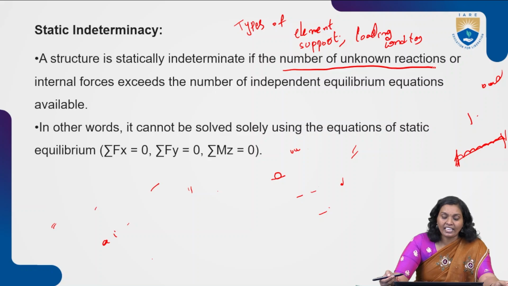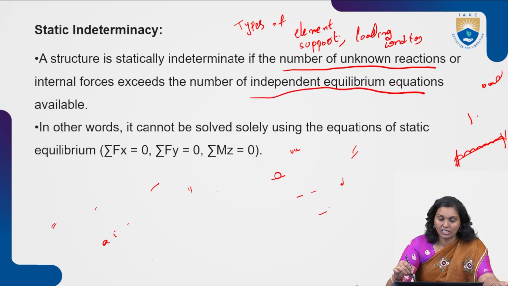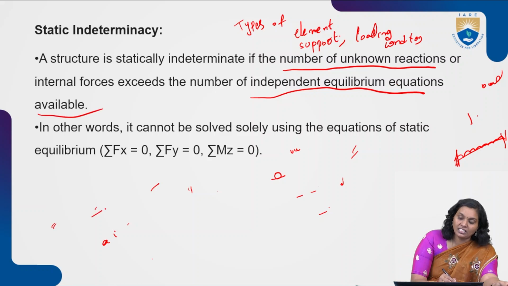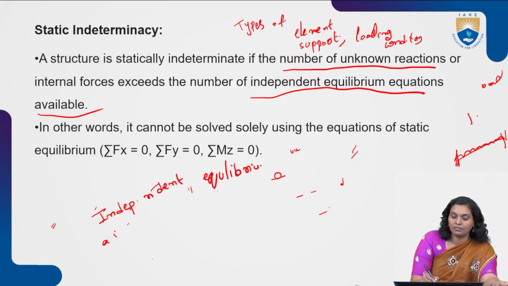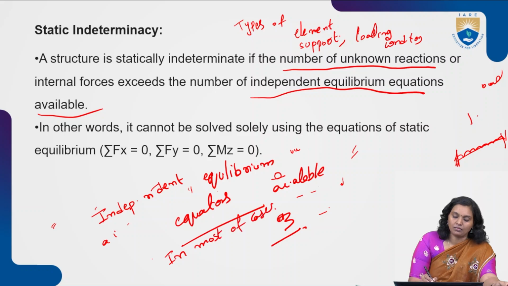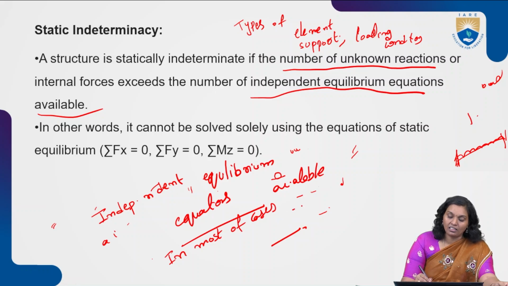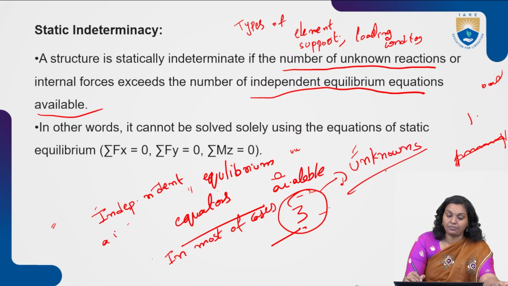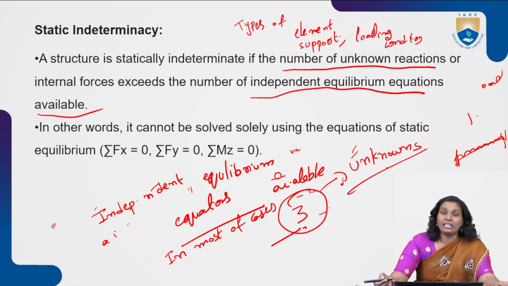Once we understand these internal forces and the number of unknown reactions, if they exceed the number of independent equilibrium equations available, which in most cases is 3, then those equilibrium equations are not enough to identify the unknowns.